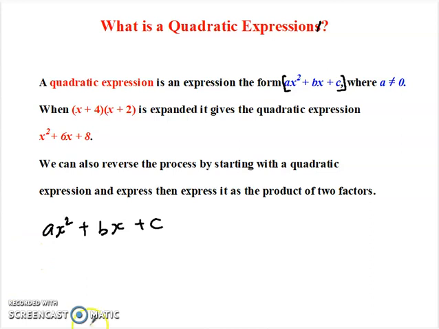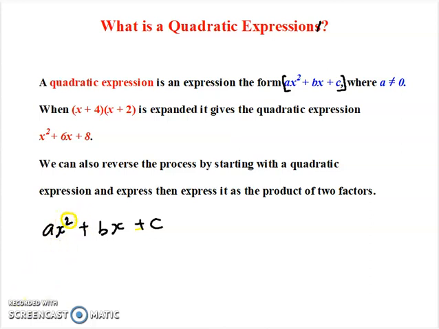And what makes this a quadratic expression is this number here at the top. If you look at all the expressions, the highest power is actually a 2. Right? So once you have a power of 2 as being the highest power, then that is a quadratic expression.